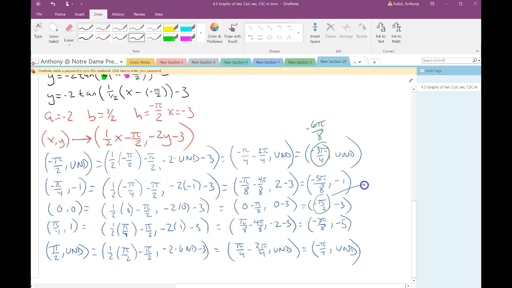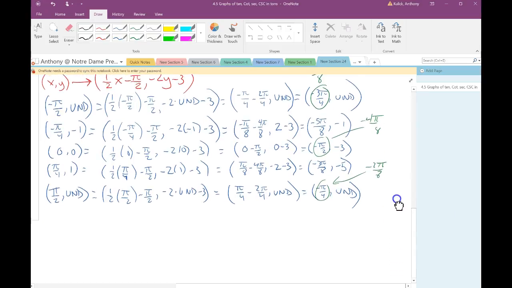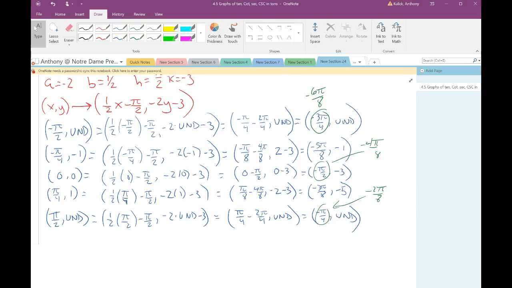This one is negative 4 pi over 8, and this one as negative 2 pi over 8. So it looks like I'm just going up by 1/8 of a pi on the x-axis each time. Is everybody all right with that? Does that make sense on how I came up with that as a natural unit for my x-axis?